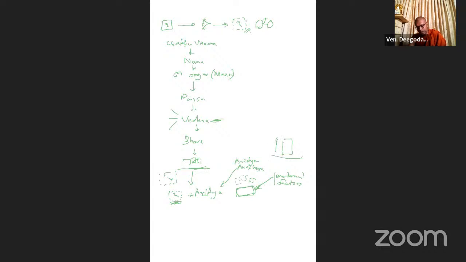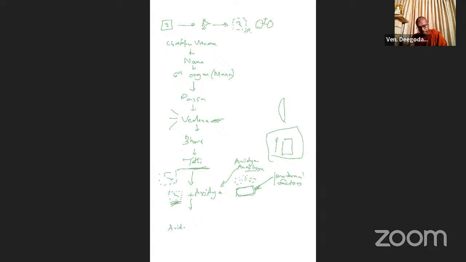This combination has the potential to create a fire. So it's something like that. This combination, avidya anusaya, and this mental image that is coming from the external organs, has the potential to create this vijnana, or the avidya vijnana.